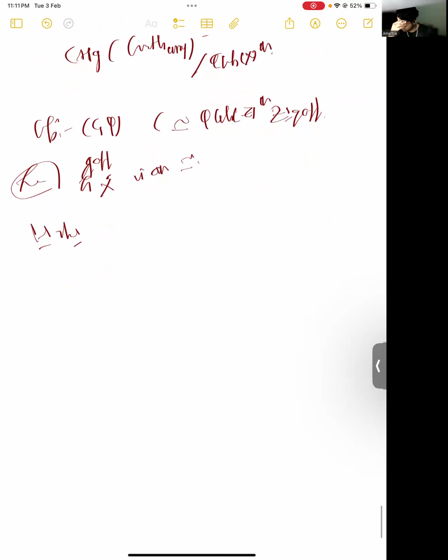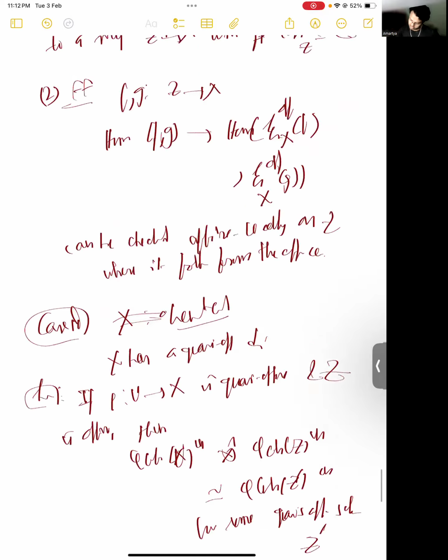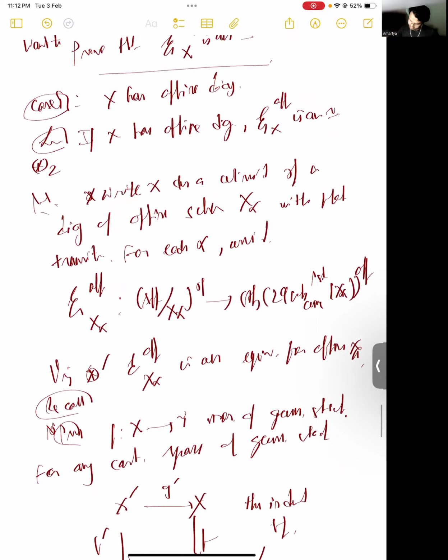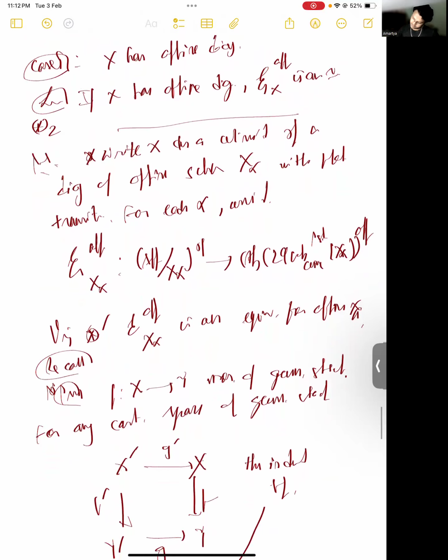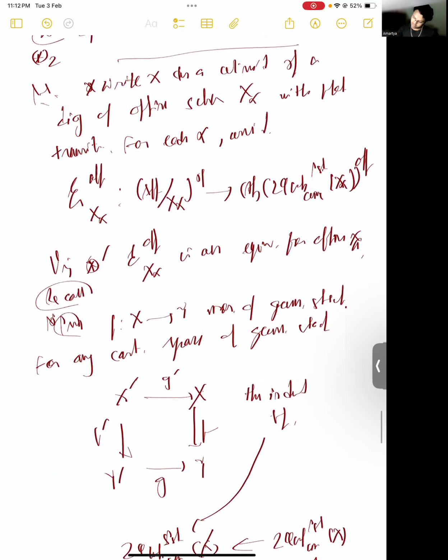So I'll just say that we have the same descent argument as before. So let's go back. And so yeah, this part, the proof of this lemma. So the kind of descent argument that we used here.